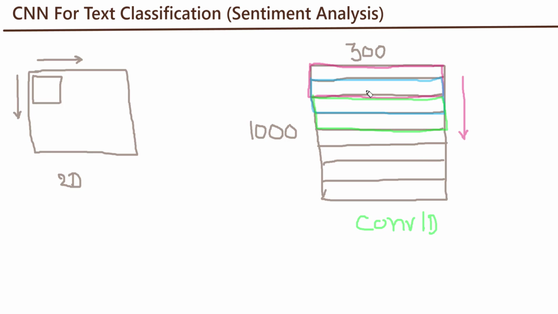If we are not assuring that filter is going to hold the complete vector size, then again filters will convolute in both these directions and words will be split in different ways. It doesn't make any sense, so we have to use Conv1D layer. So let's see in Google Colab notebook how to use this in sentiment analysis.